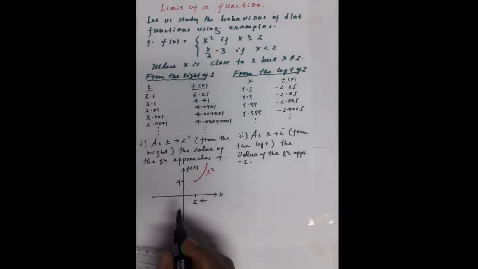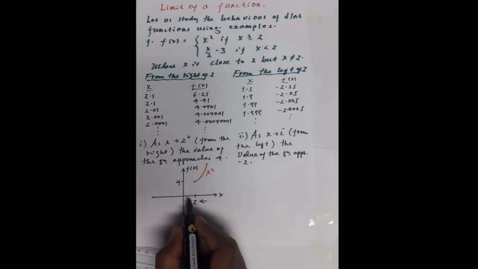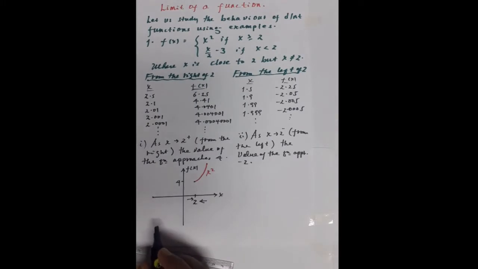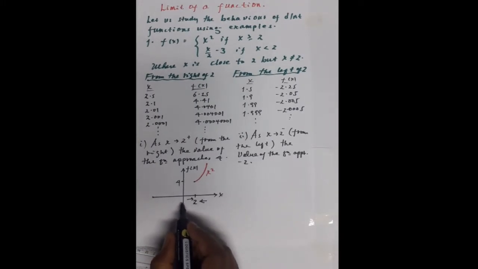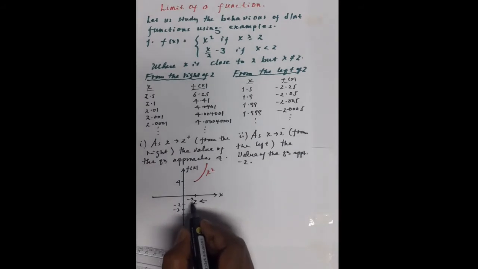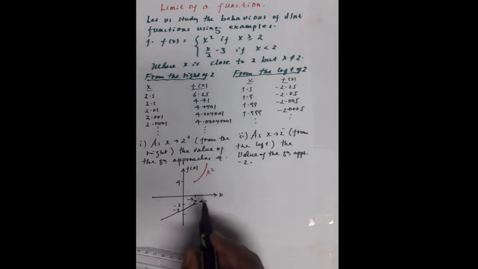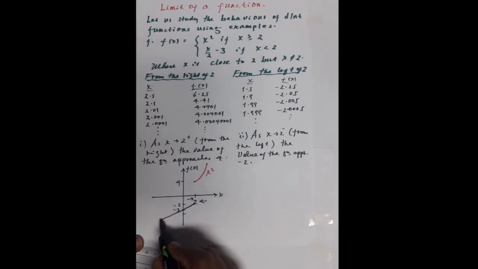And when we approach from the left side of 2, the function is x over 2 minus 3, approaching negative 2.